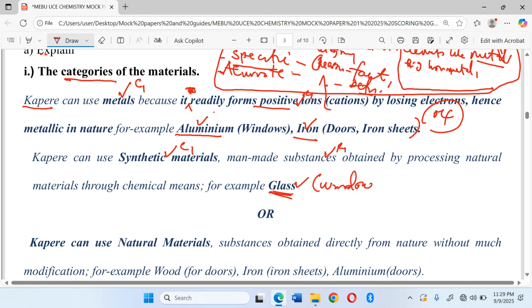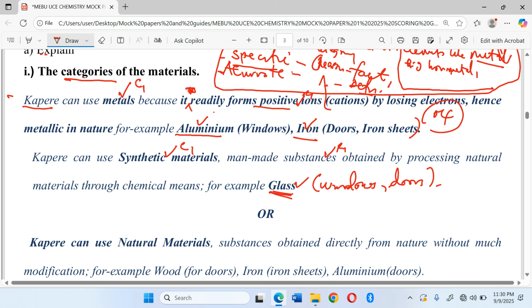On windows. We know very well that these days we have even the doors for glass. So you can see that actually Capelli can also use the synthetic materials, which are made by man, and you're saying that an example can be the glass.